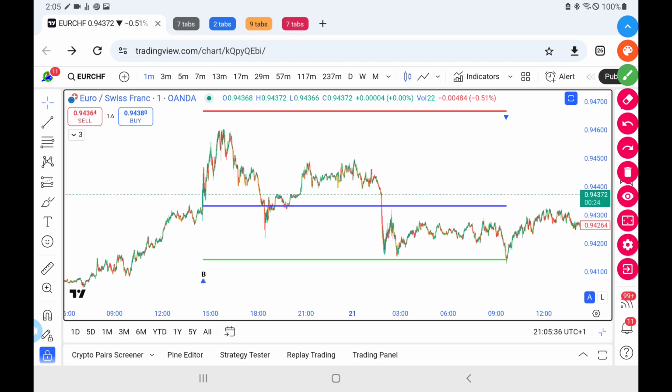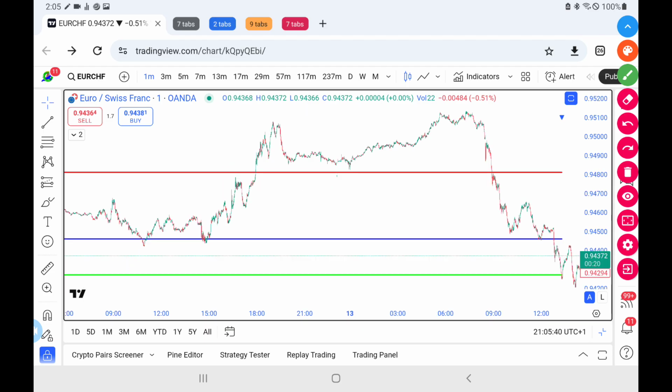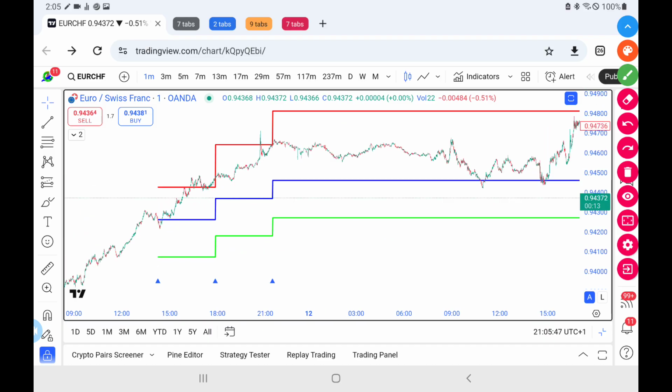But it drastically reduces my risks. One position will only be 1% of my account, whereas 3 positions is going to be 3% of my account.